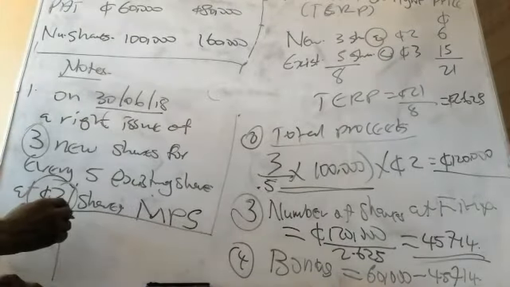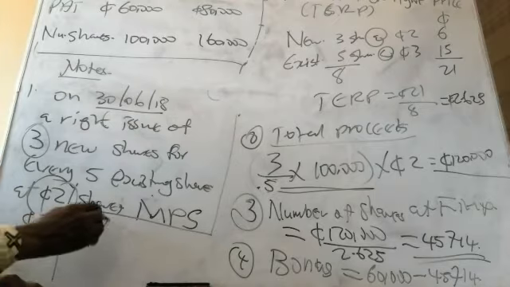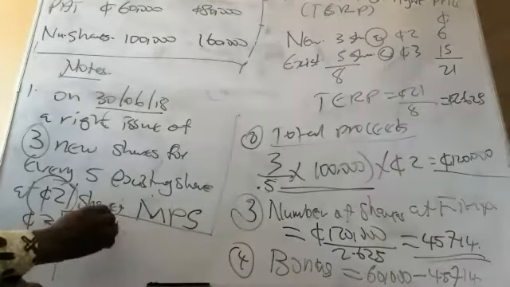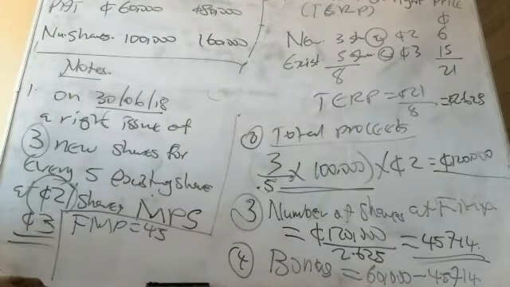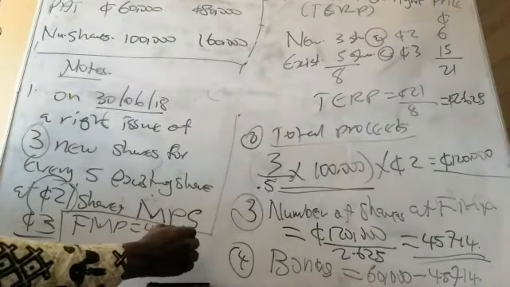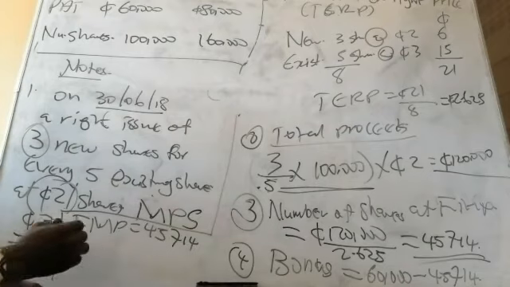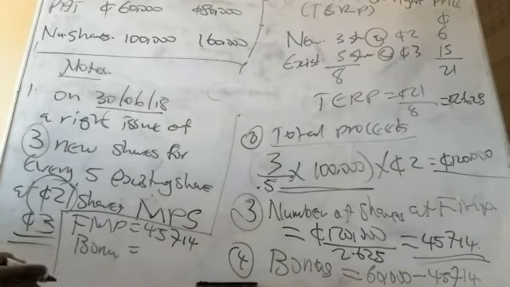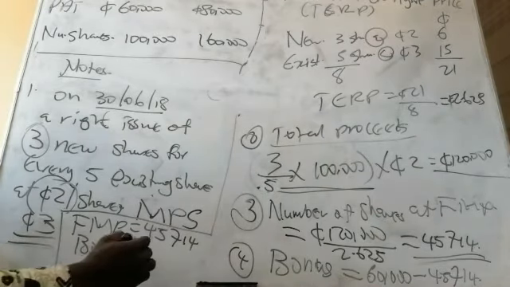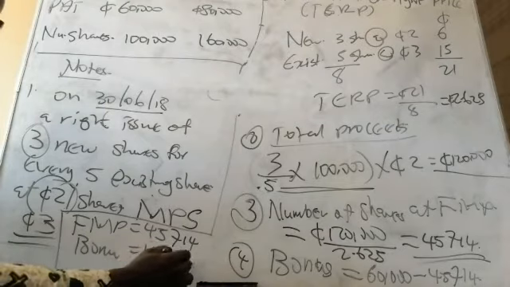So the one at full market price we calculated. We had 45,714. Then bonus, we had 14,286.